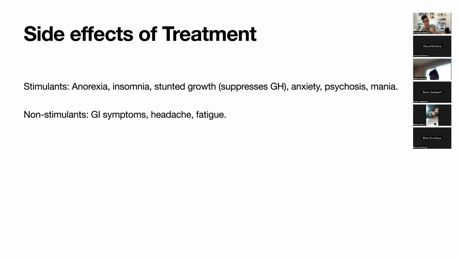Eventually it starts binding to the VMAT pump and it reverses it. So the VMAT pump does the opposite. It starts spitting out dopamine. Once enough dopamine is spit out, it starts getting pushed out of the cell. Not only do you stop the dopamine from being reuptaken and staying in the cleft, but you actually increase production at the same time. So it increases dopamine and keeps what's there. So it's more potent. It can cause more psychosis.